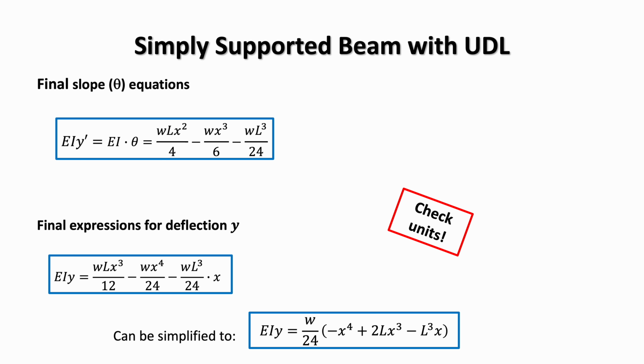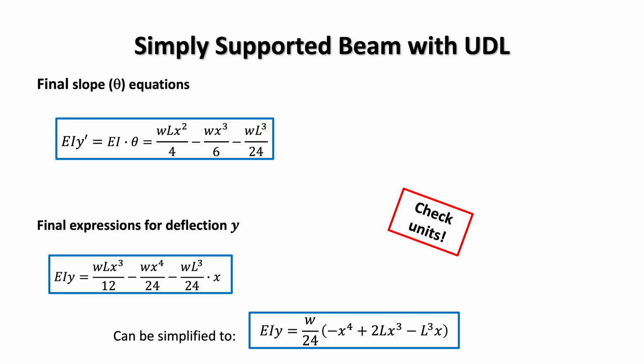So let's look at those final expressions for slope and deflection. At the top, we have the final slope equation written in terms of EI theta or EI y prime. This results from substituting the constants of integration back into the slope equation we obtained from the first integration. And below that, we have the corresponding expression for the deflection, again written in terms of EI times y.